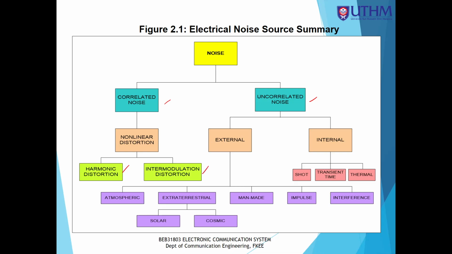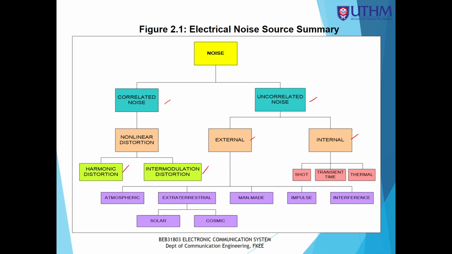Uncorrelated noise, we can further divide into external noise and internal noise. External means the noise produced from outside of the transmitter and receiver, and internal noise is the noise generated within the system, which is within the transmitter or receiver.